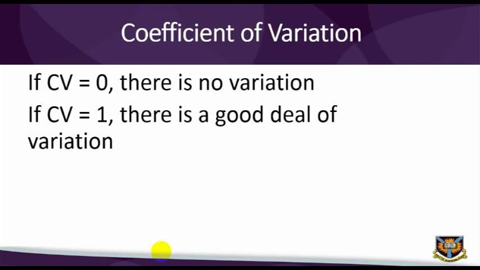2. To get the variance, we use equation 6.3. Square of standard deviation is equal to the summation of (x minus x bar) squared over n, which is equal to ((5 minus 8.6) squared plus (8 minus 8.6) squared plus (10 minus 8.6) squared plus (9 minus 8.6) squared plus (11 minus 8.6) squared) over 5.